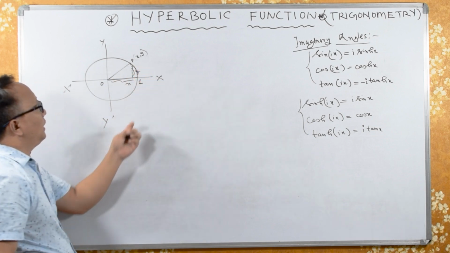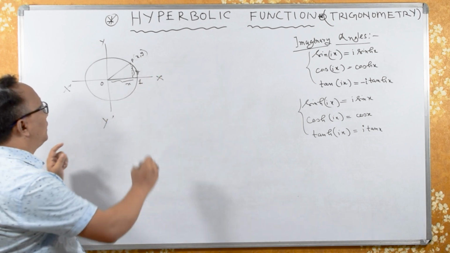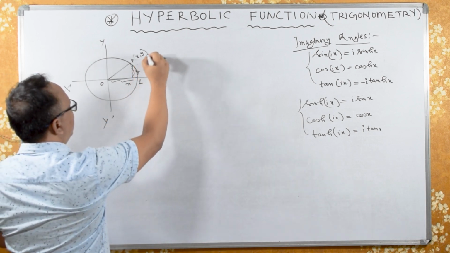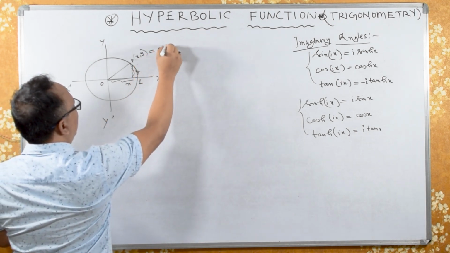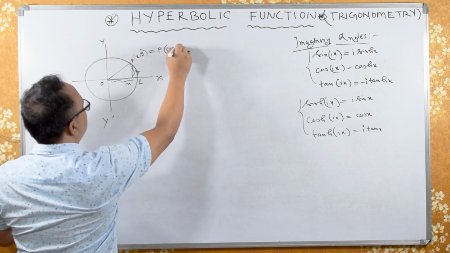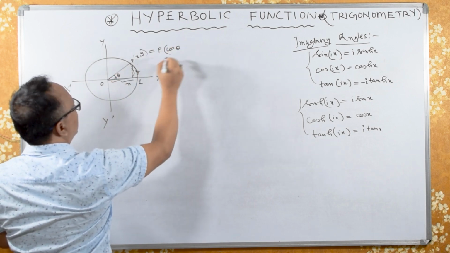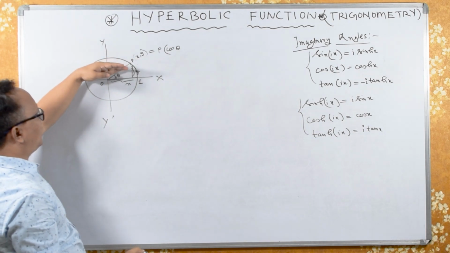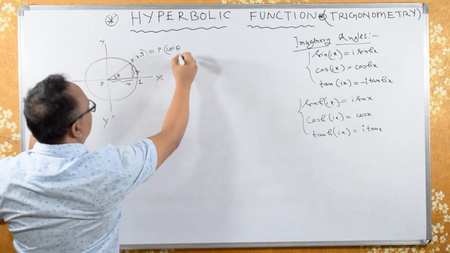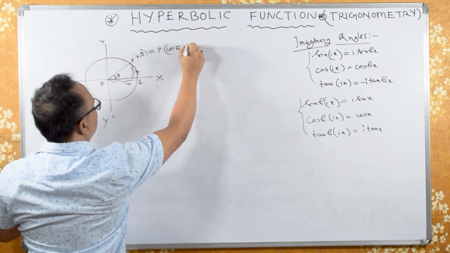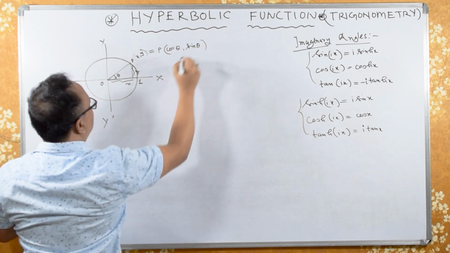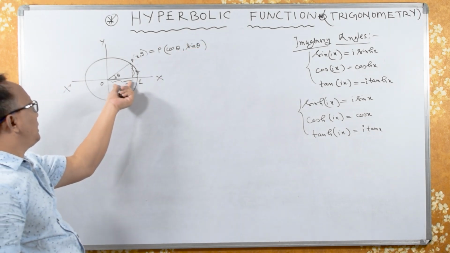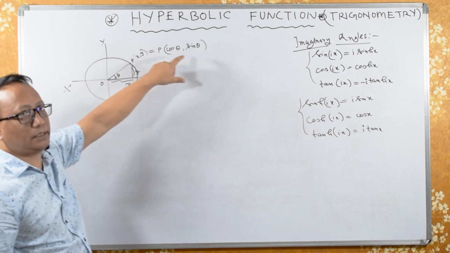In trigonometry, this is equal to P(cos theta, sin theta), where theta is the angle made with the positive x-axis. Here x is cos theta and y is sine theta.